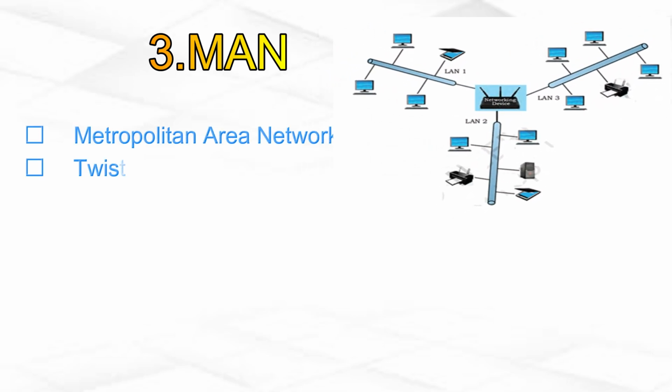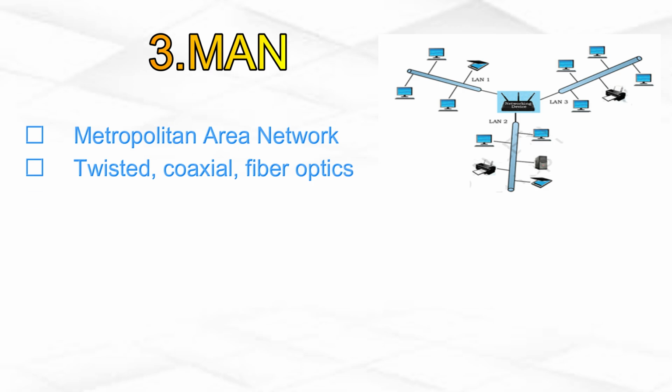The third one is MAN. MAN stands for Metropolitan Area Network. It means different LANs connected within a city or town is called MAN. So in MAN we can connect different types of LANs within the city.